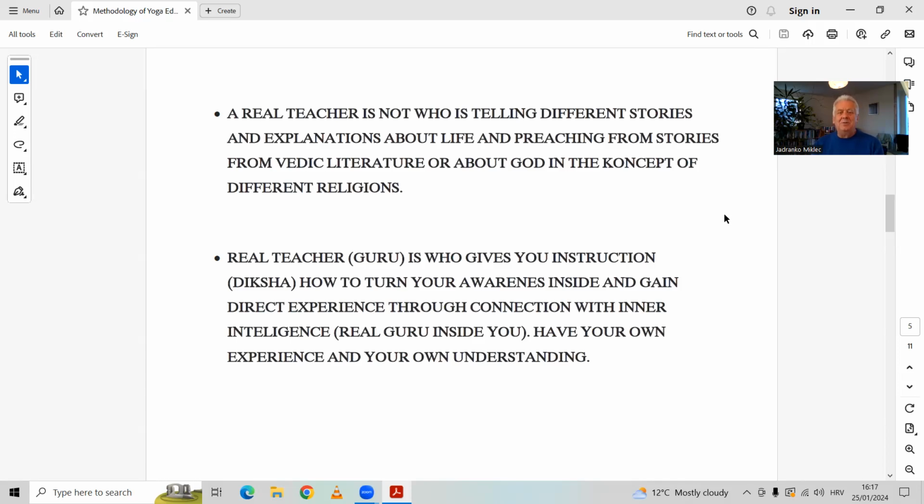But the real teacher, or the guru, is the one who gives you instruction, diksha, on how to turn your awareness inside and gain direct experience through connection with inner intelligence, which is the real guru inside you. The real guru is inside you.